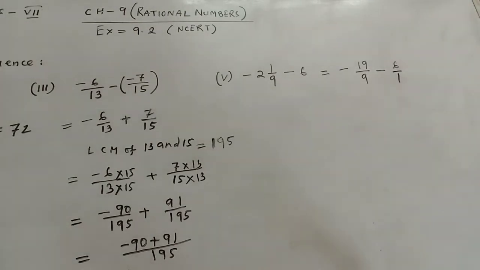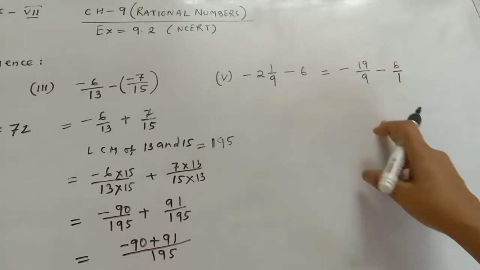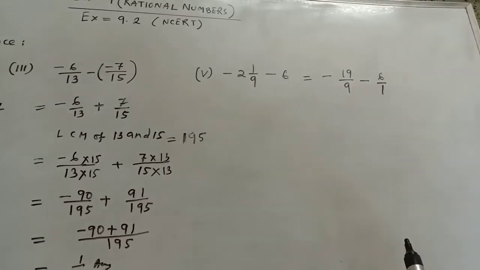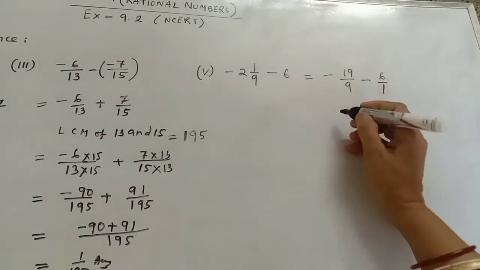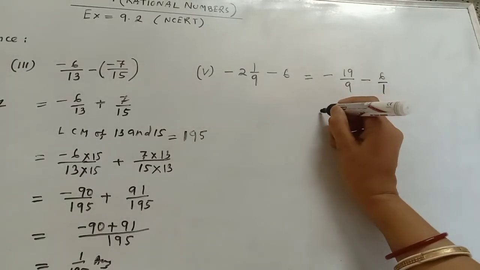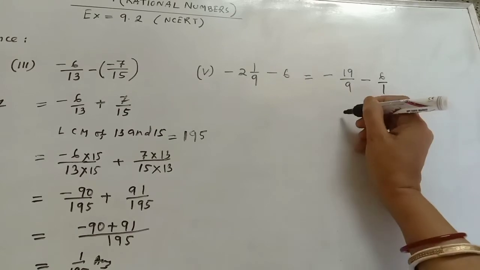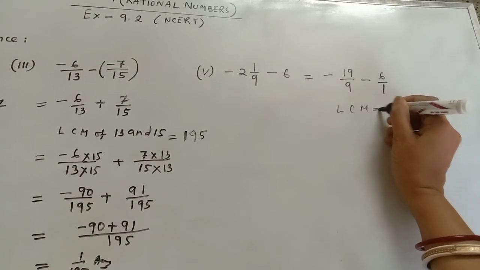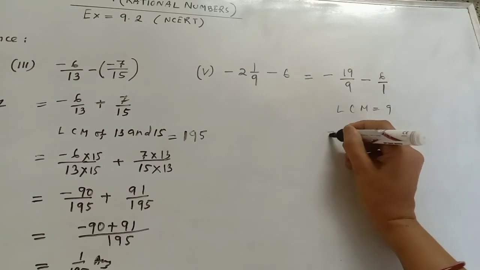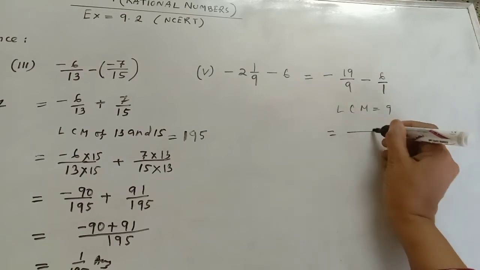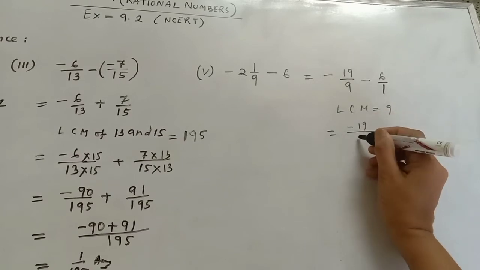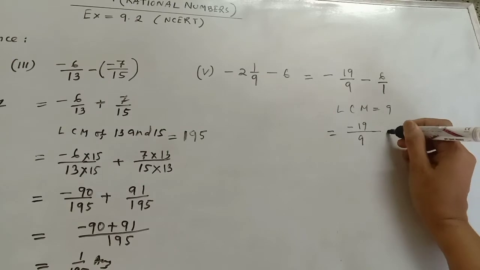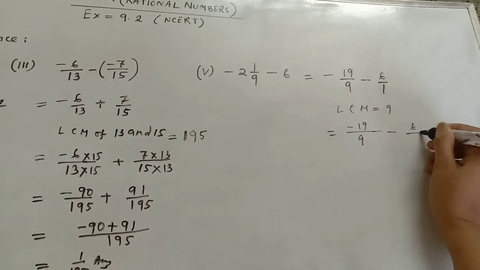As the denominators here are 9 and 1, what we can do now is find the LCM of 9 and 1, which is 9. Now it was minus 19 by 9 and minus 6 by 1.